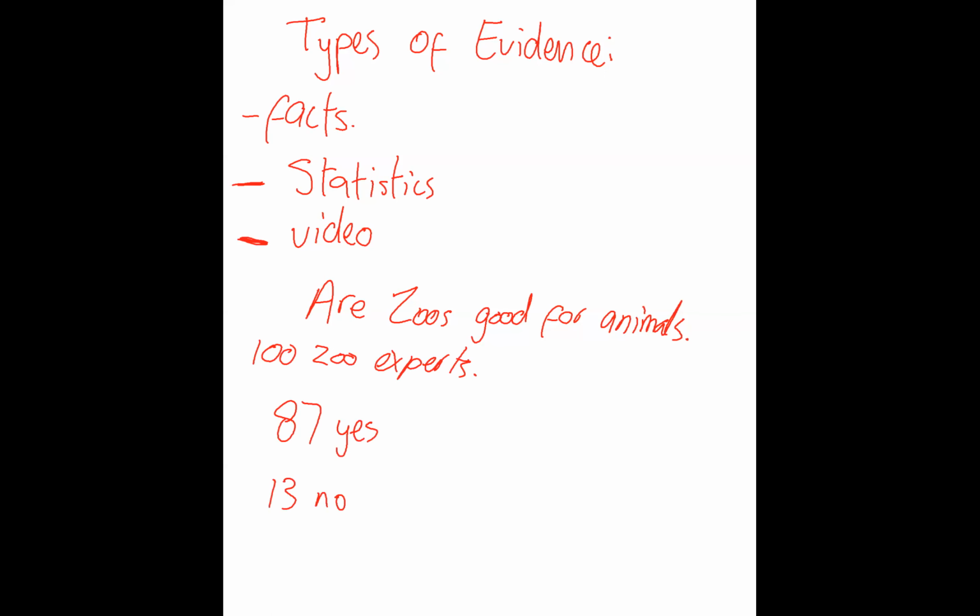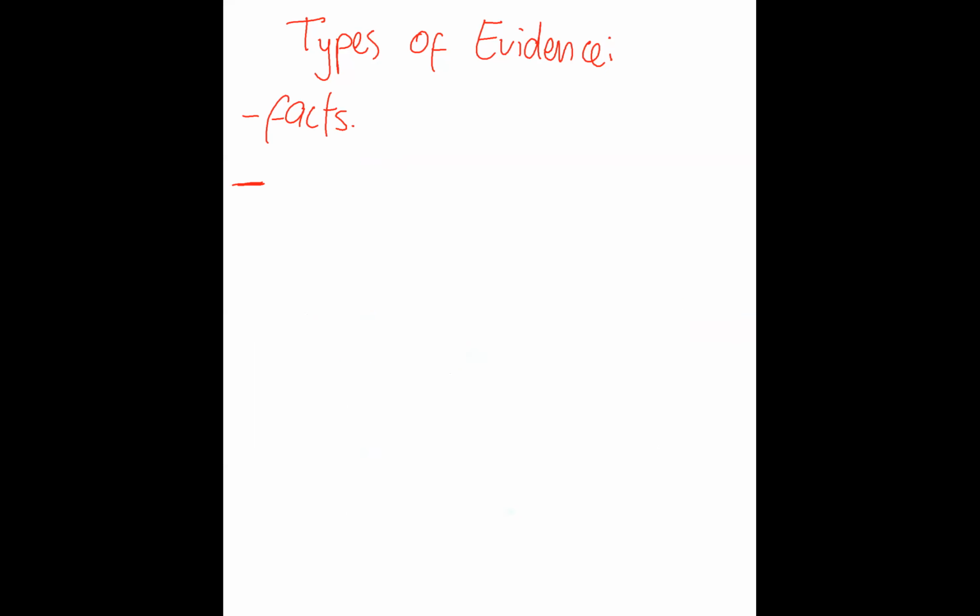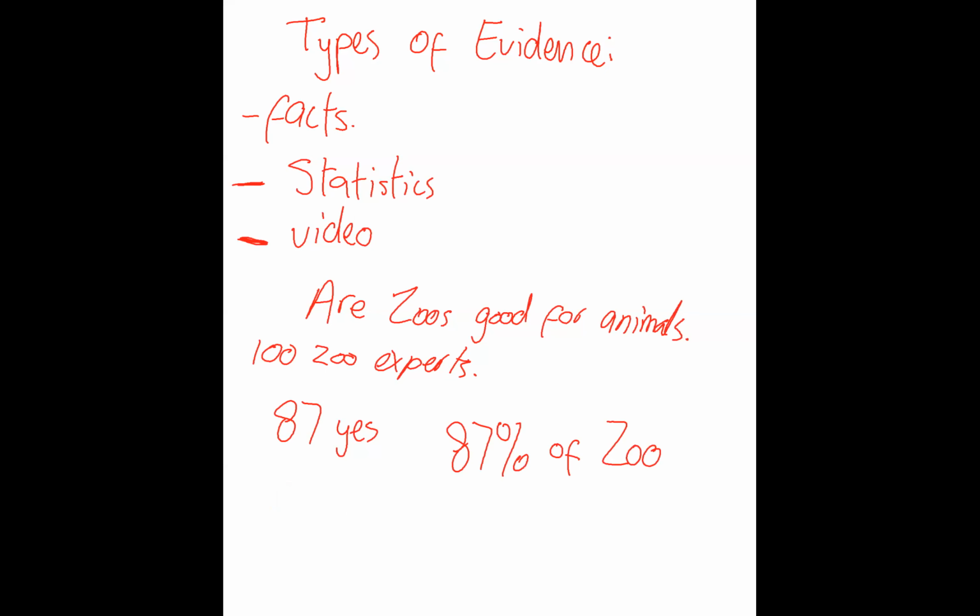I can then turn around and say, well, 87% of zoo experts, or 87% of zoo experts contacted for this article, I should say, agreed that zoos are good for animals. Now you hear something like that, 87% is a big number. So that's going to really help with the believability of my argument.